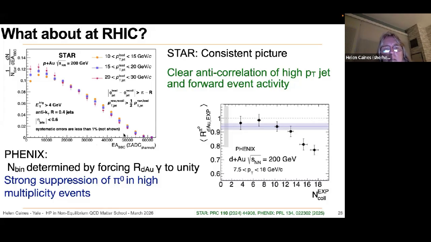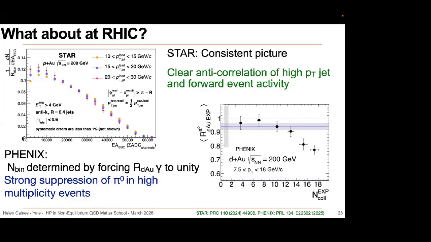If I have a high event activity event, I am more likely to have a low momentum jet produced. So the gold color is above the red color, because if I take the energy out to make the event activity, I don't have enough left to make a high energy jet, and vice versa on the other side: if I make a high energy jet, I don't have a lot of energy left to make the bulk particles, so I have a bias towards it occurring in low event activity events.